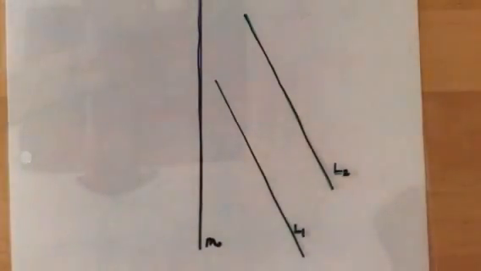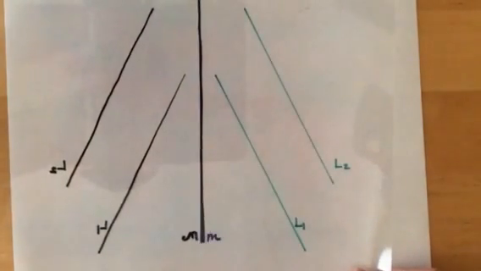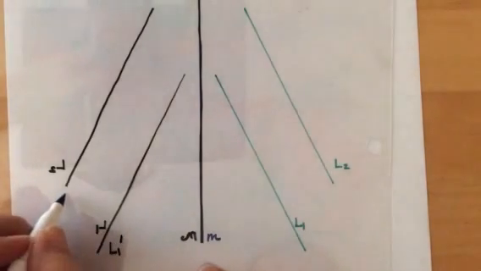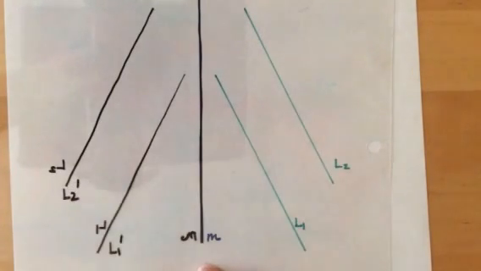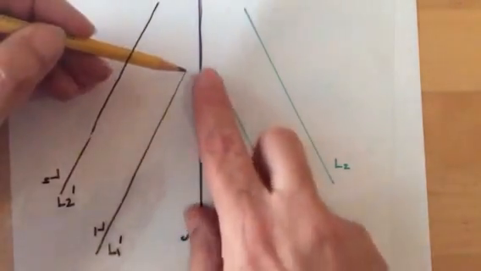Okay, so I'm going to flip my diagram over. And here's what the reflected lines look like. So I've got line L1 prime, line L2 prime here, and I can draw them with my pencil.